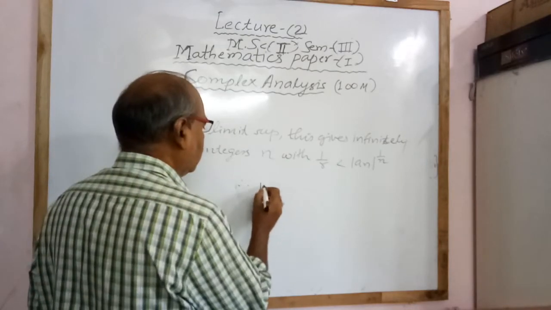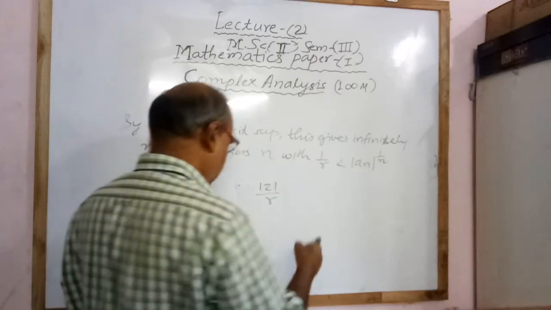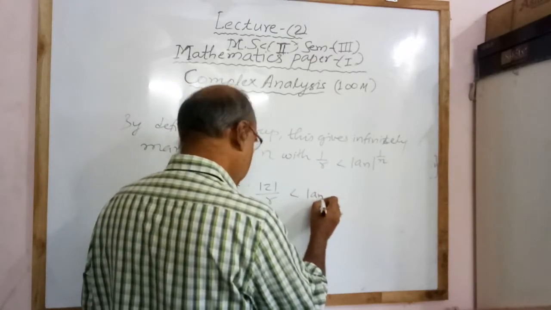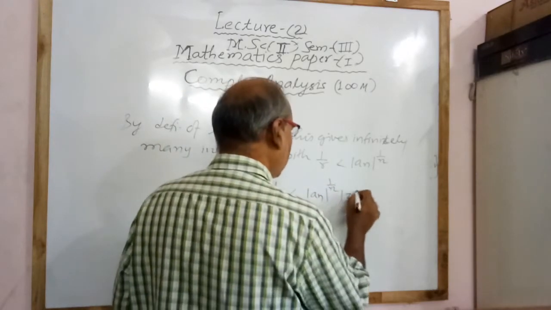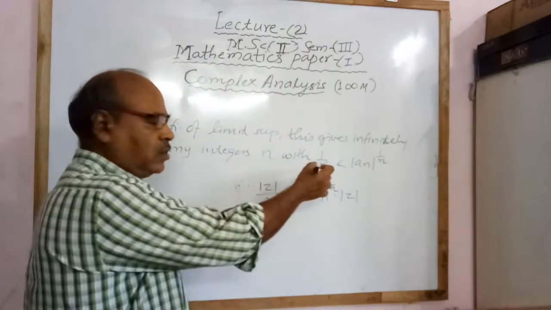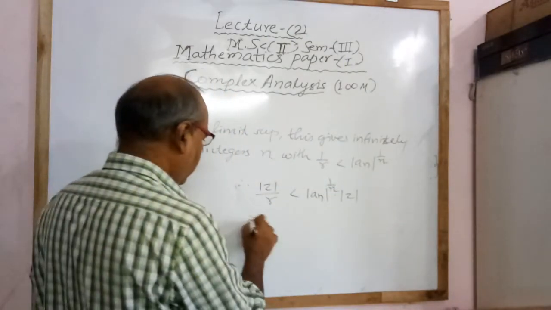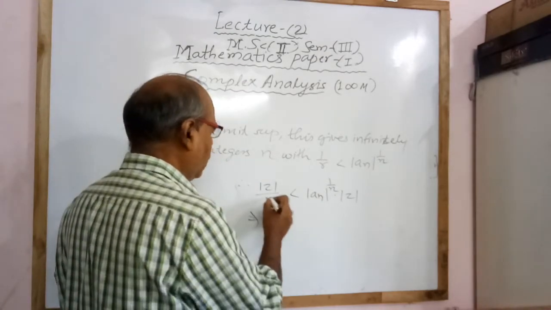Therefore, we multiply by mod z on both sides of the equation. Therefore, mod z by r is less than mod a_n to the power 1 by n into mod z. We multiply this inequality by mod z on both sides. Therefore, we take the power n on the left hand side.